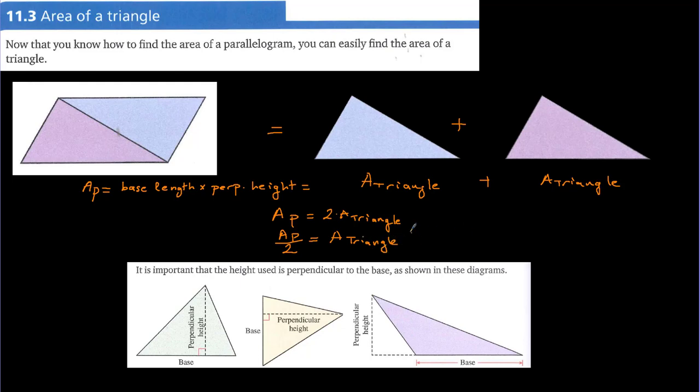With respect to this, if I rewrite the formula, area of triangle is going to be equal to area of parallelogram, which is base length, which we show with b, and perpendicular height h, so b times h over 2, which can also be written as 1 over 2 times b times h.